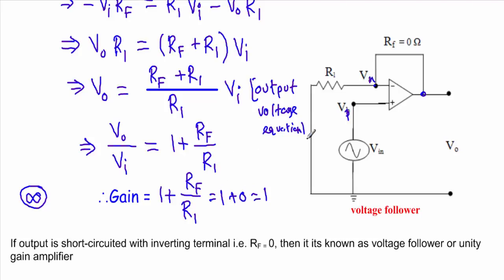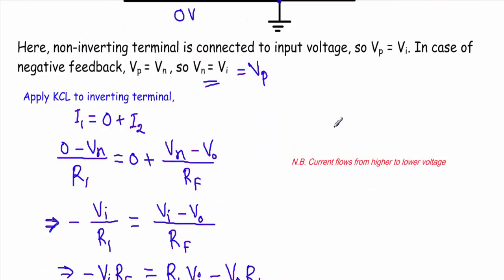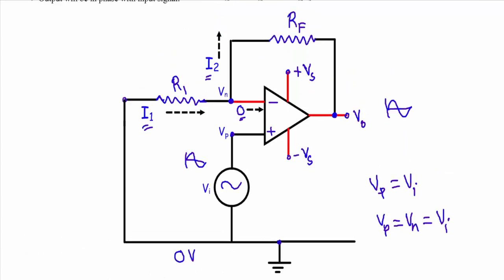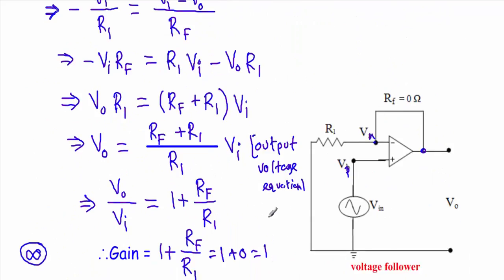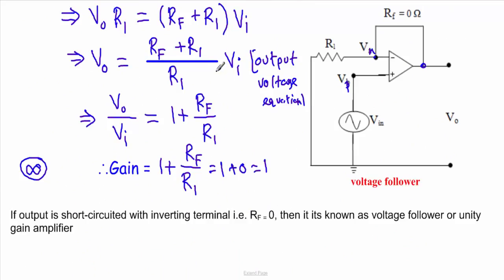That means this non-inverting amplifier will still be an amplifier, but it will have a gain equal to 1, and this type of operational amplifier is known as a voltage follower or unity gain amplifier.